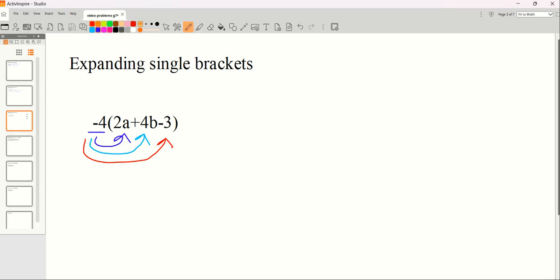So we will be starting out with negative 4 times 2a. That's our first step. Our second step is going to be negative 4 times 4b. And our third step will be negative 4 times negative 3. In this case, the negative sticks to the 3. It cannot part ways from it.